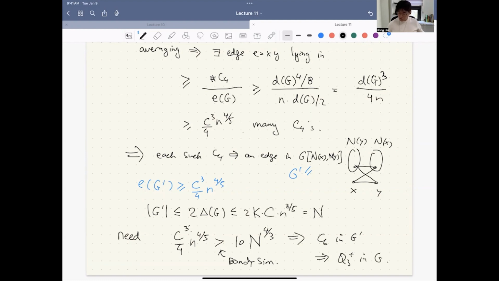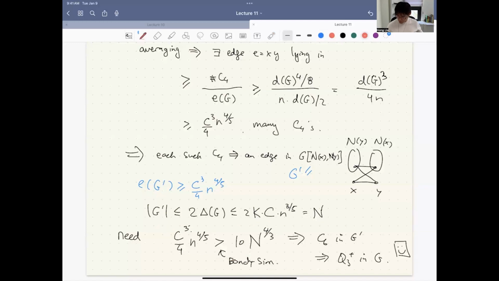I will skip the calculation here, let me just convince you. So what is this guy raised to the power of 4/3, right? The 3 cancel out, you get 4/5, which is exactly this thing. So as long as you take C large enough compared to K, we are fine.